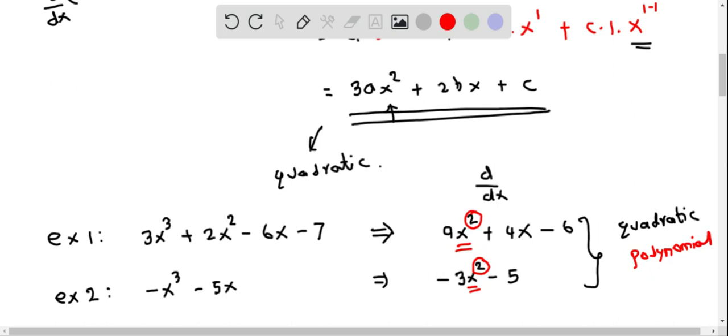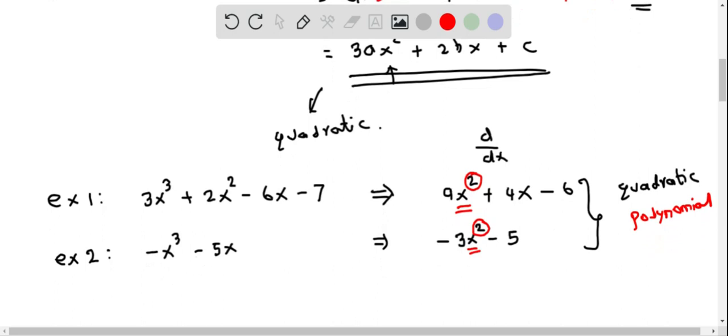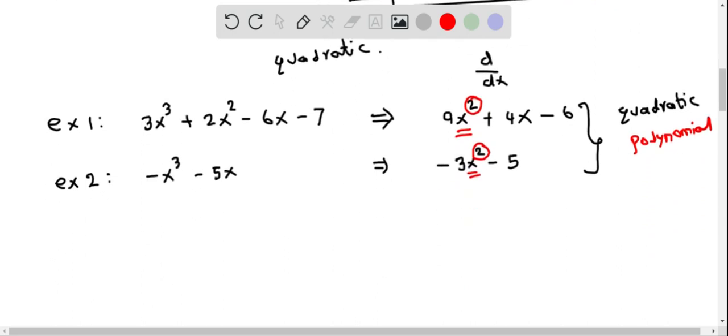So we can observe that any time we find the derivative of a cubic polynomial, we are always getting a quadratic polynomial. So we can confirm that it is always true.